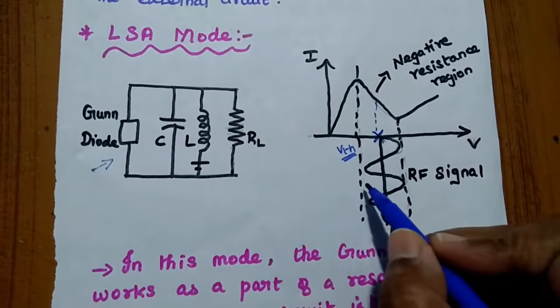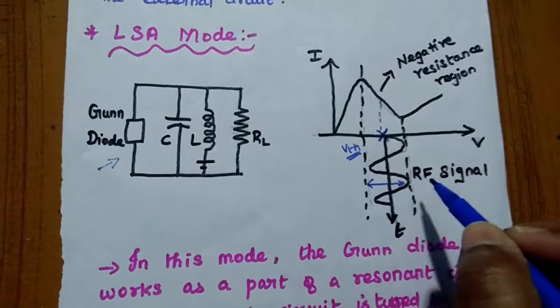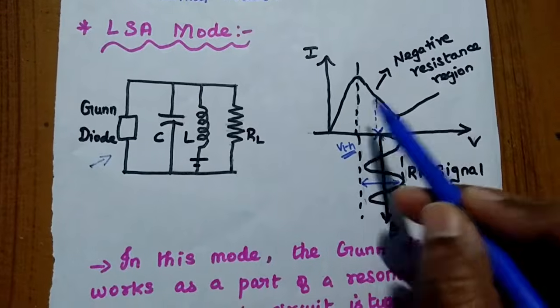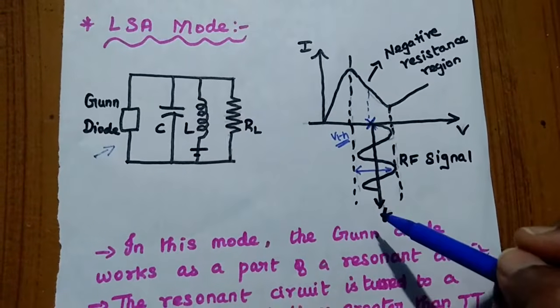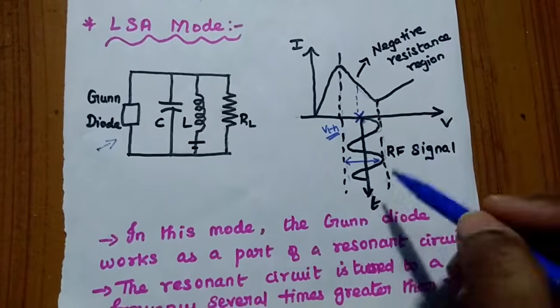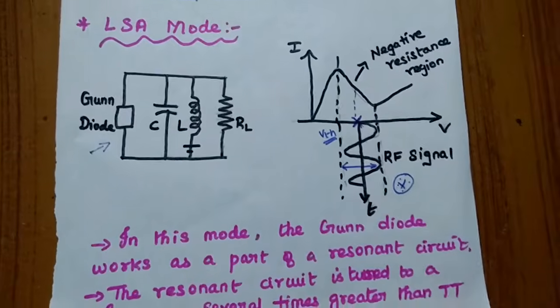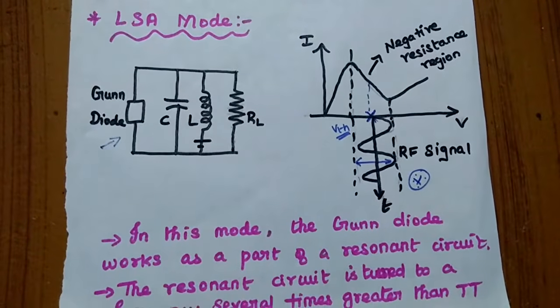The peak to peak, negative peak to positive peak, of this microwave signal is within the range of the negative resistance region. So we can get the RF signal like this. It is a very important mode where we are using that microwave oscillation system.